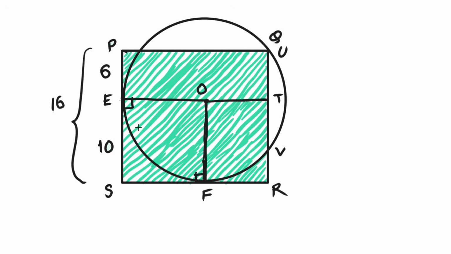So the side OF has the same length as SE. Since SE equals 10 units, OF equals 10 units. And because OF is a radius, the radius of our circle is therefore 10 units. So, we have established an important value. The radius is 10 units.